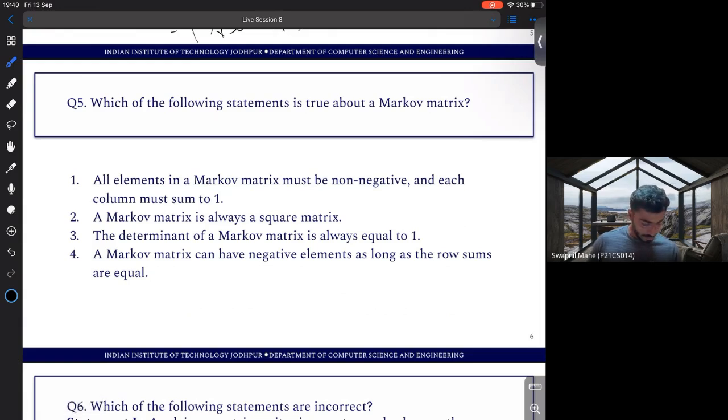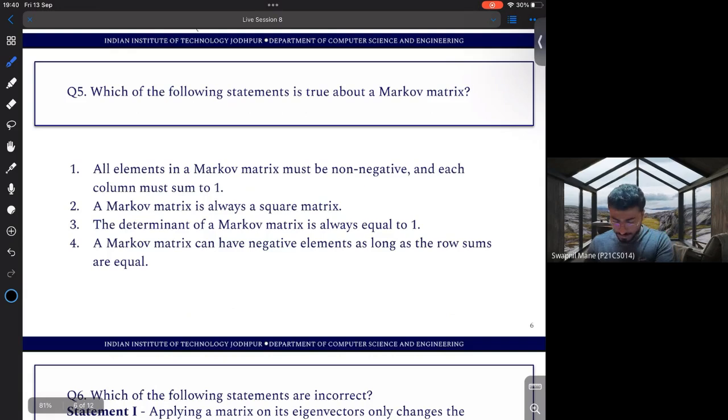So let's move to question 5. Question 5 states: which of the following statements is true about a Markov matrix.